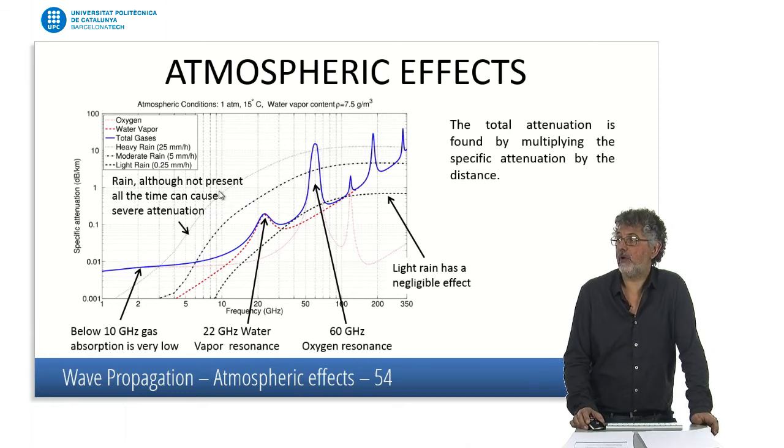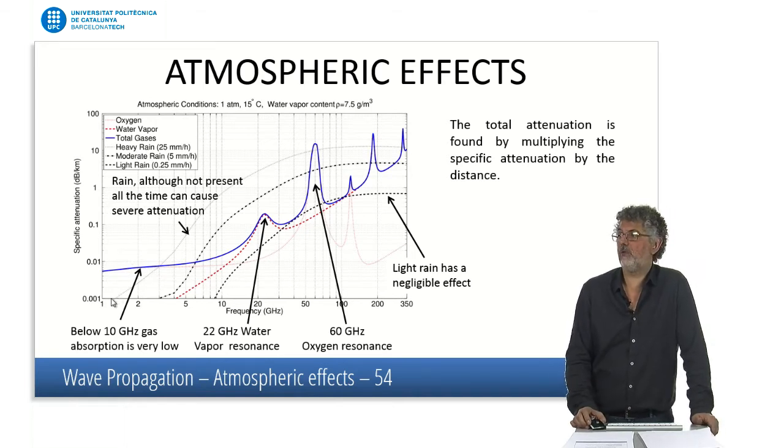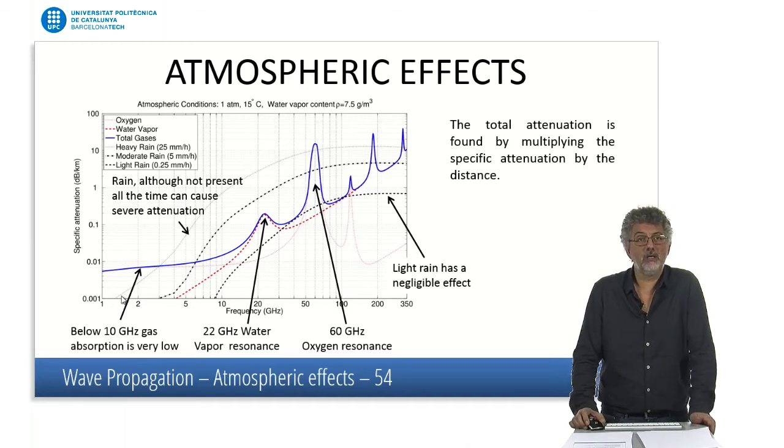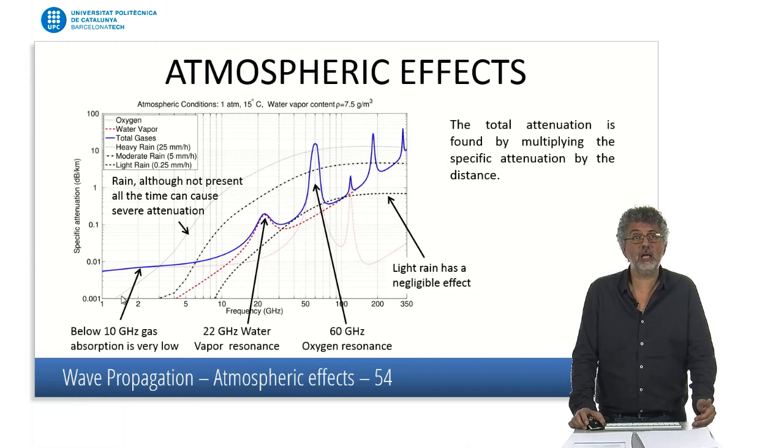Still, even very heavy rain can have a very small contribution at low frequencies. For instance, at frequencies below 1 gigahertz, rain has a very small effect. Propagation of FM radio broadcast or TV broadcast, which are below 1 gigahertz, is practically not affected by rain.